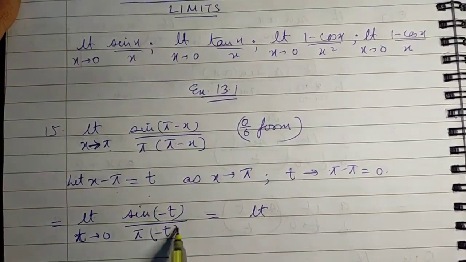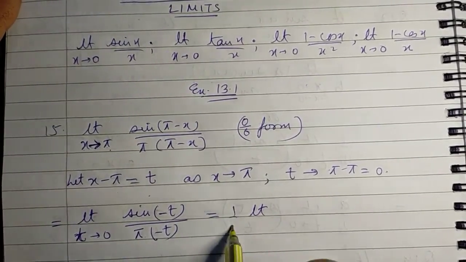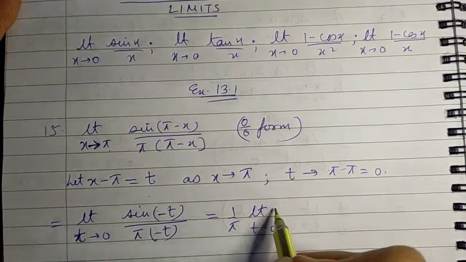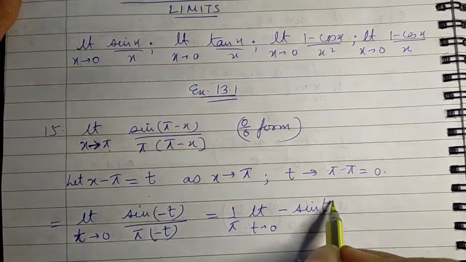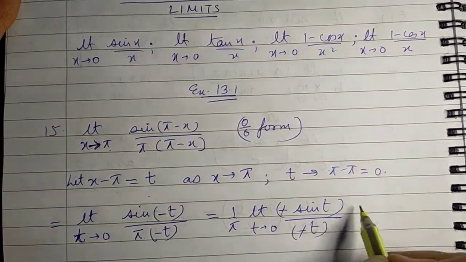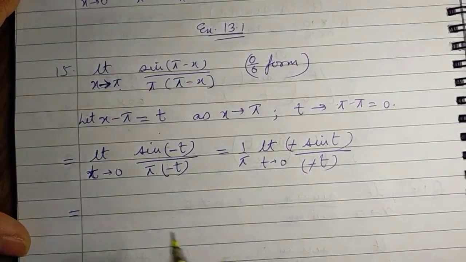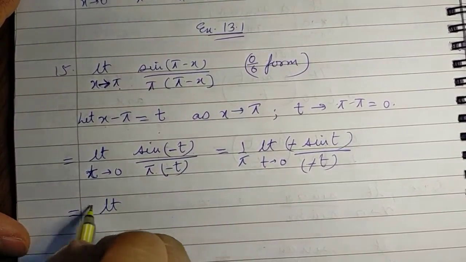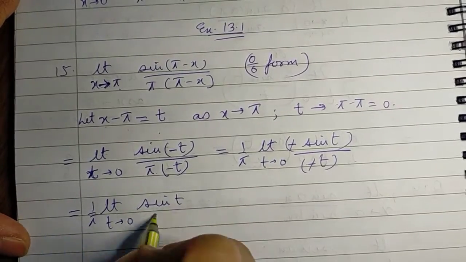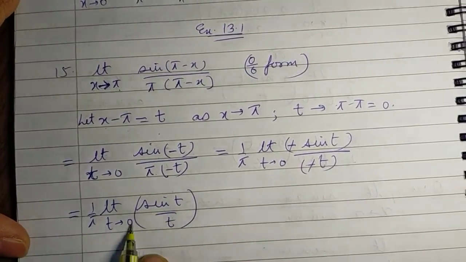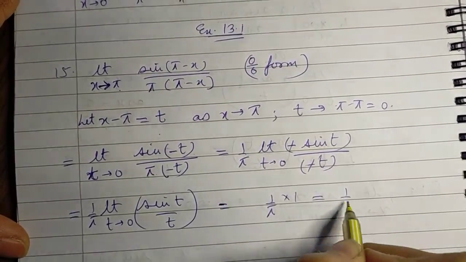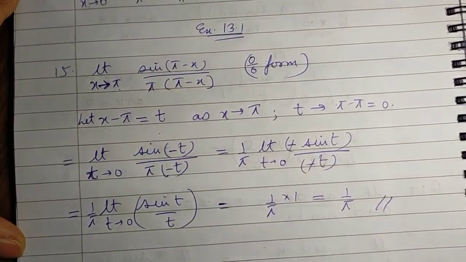Which can be written as limit, now pi being a constant can come outside. Limit t tending to 0, sine of minus t is minus sine t upon minus t. This minus and this minus get cancelled. This becomes 1 upon pi limit t tending to 0 sine t over t, which is the standard result, and which gives us 1 upon pi times 1, which is 1 upon pi, which is the answer.